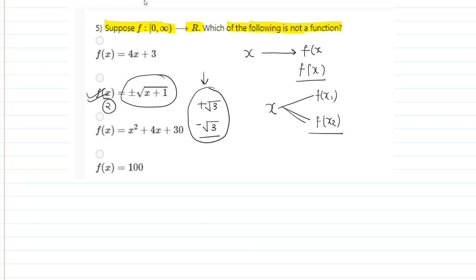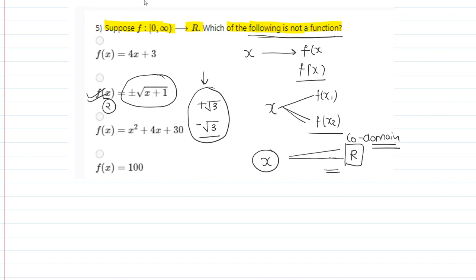So when do we decide that it is not a function? When one value in the domain maps to two values in the codomain, then it is not a function. So that's it from the first exercise of week 8.